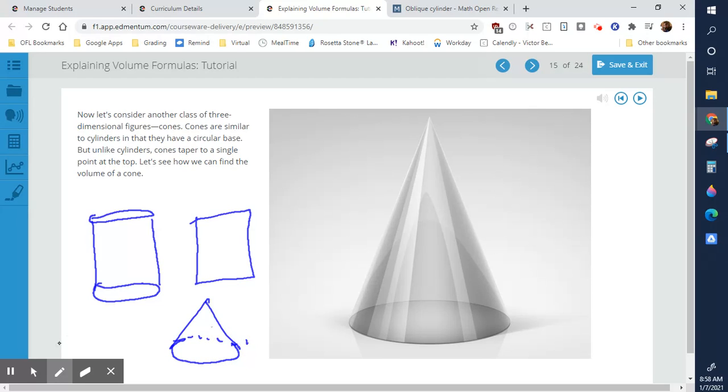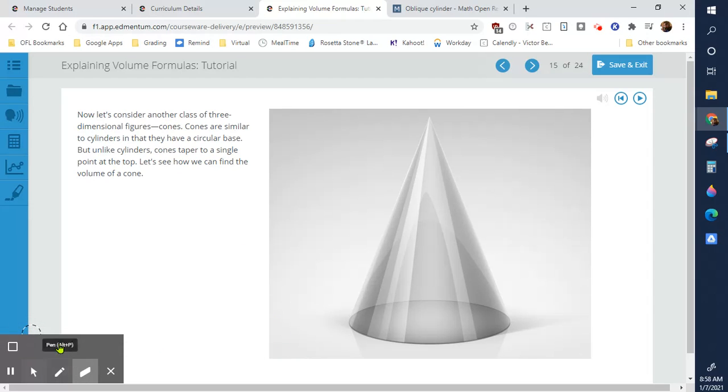And the way I always have taught area of triangles and rectangles, this idea that a rectangle is length times width, and a triangle we can think about as half of a rectangle.